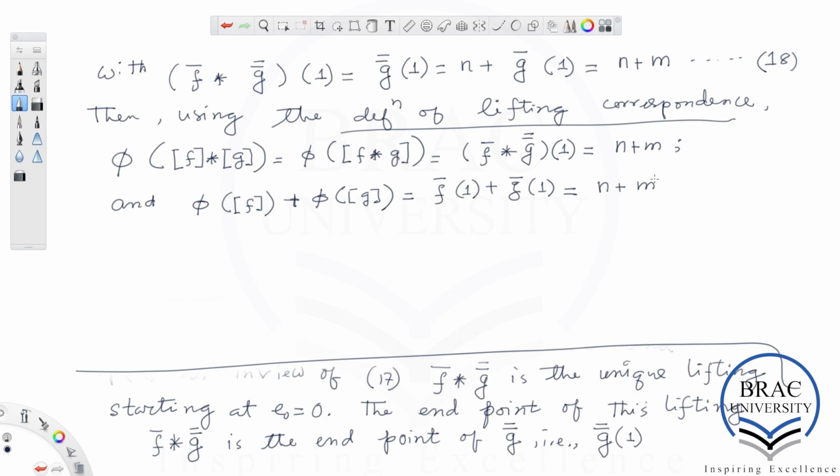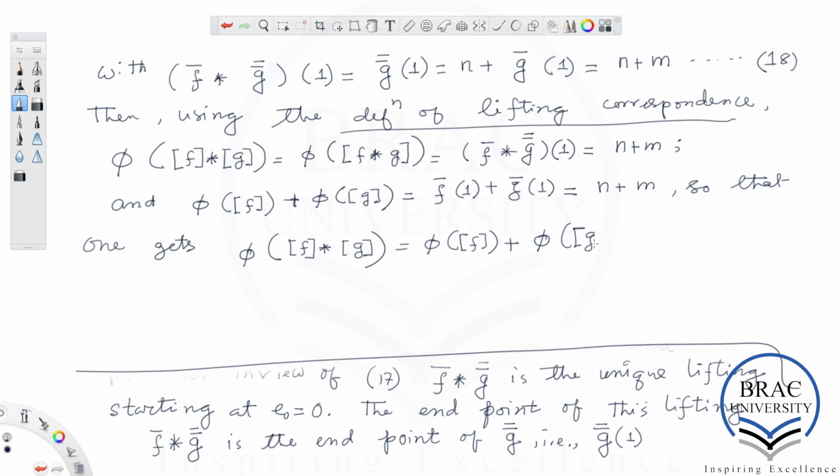So one immediately has phi of the class of f star the class of g is equal to phi of the class of f plus phi of the class of g, which proves that phi is indeed a group homomorphism from the fundamental group of B with reference to this distinguished point B0 to the additive group of integers.